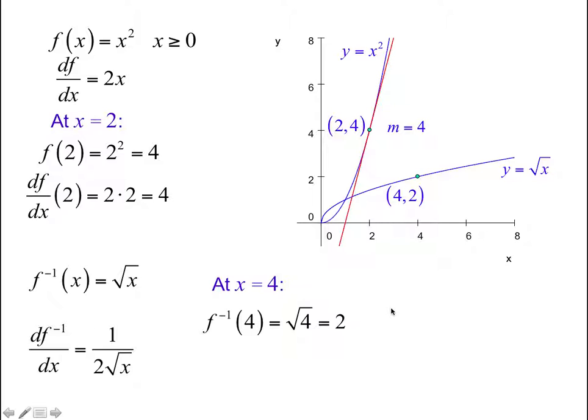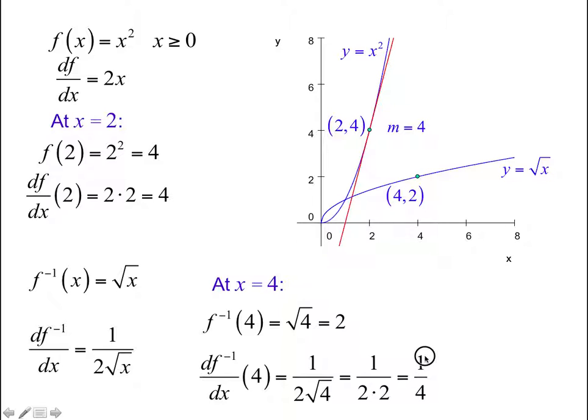And so looking at that, we know that's the derivative, so we know that's the slope of the tangent line. And so the derivative of the inverse at 4 is 1/4.